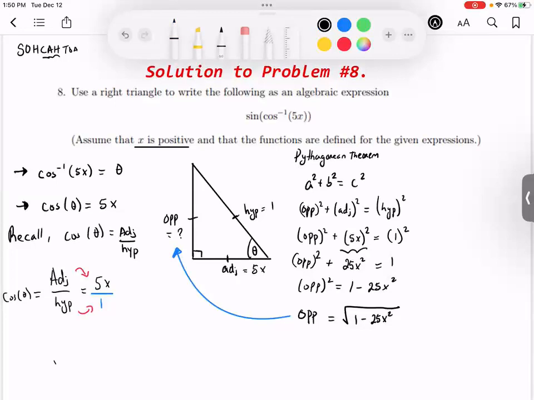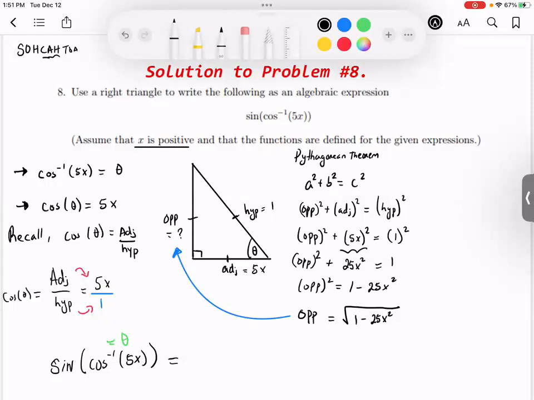Originally, this problem asks us to find sine of cos inverse of 5x. The very first step was to take the cos inverse of 5x and set it equal to theta. So we can rewrite this as sine of theta.